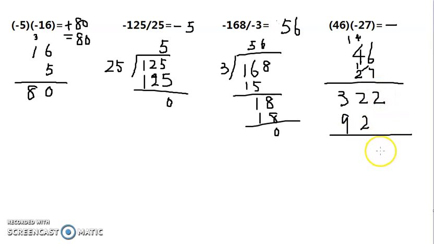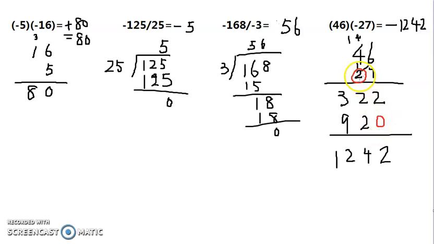Now we can add them. 2, 4, and 3 plus 9 is 12. The answer is negative 1,242.